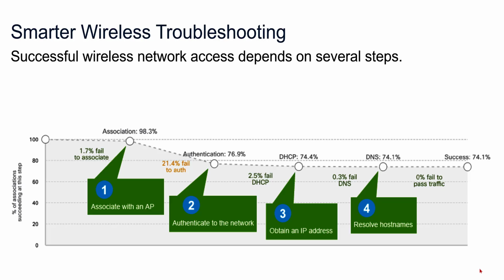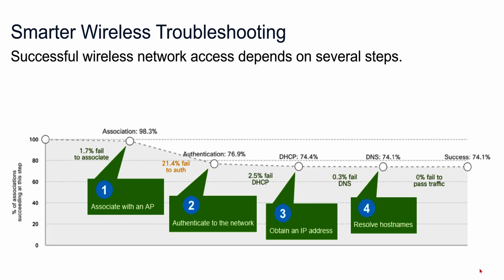So instead of guessing where things fail, we can pinpoint the exact phase of a failure. This 4-stage client connectivity pipeline is what every wireless client has to successfully pass in order to operate, right?